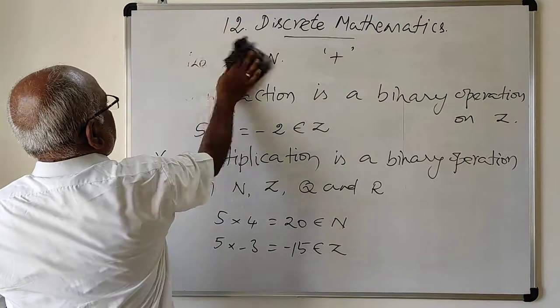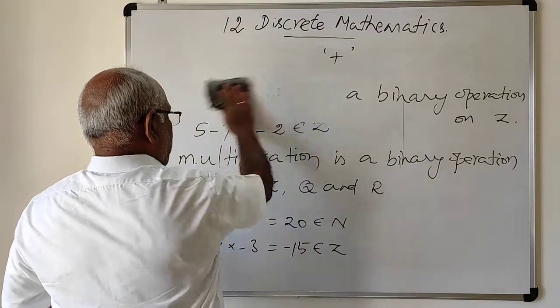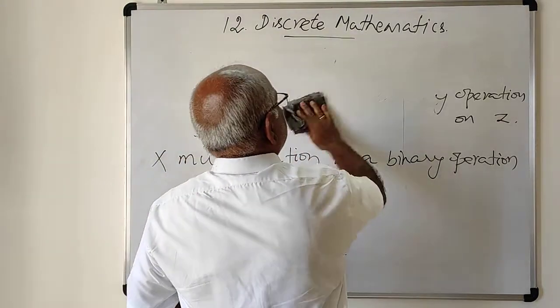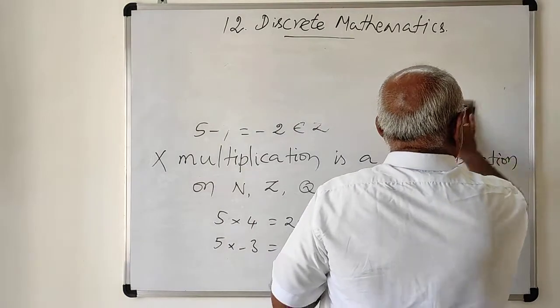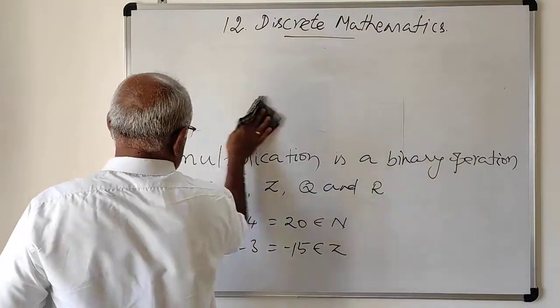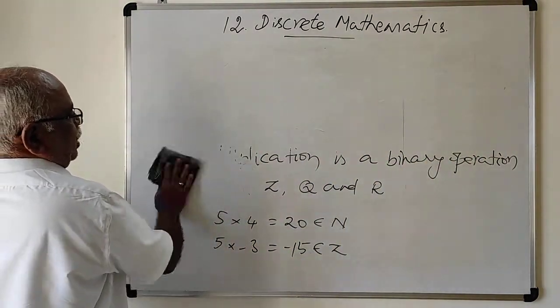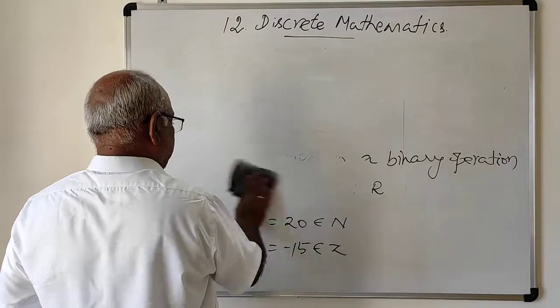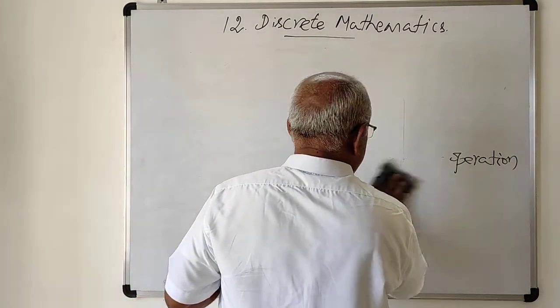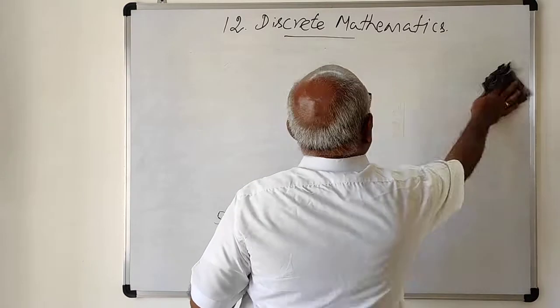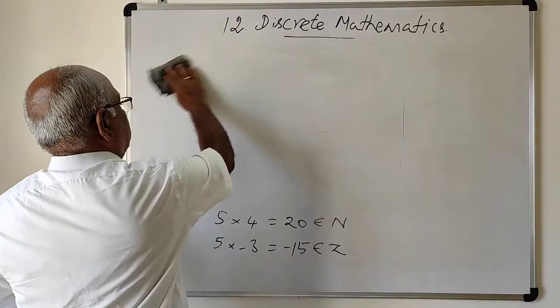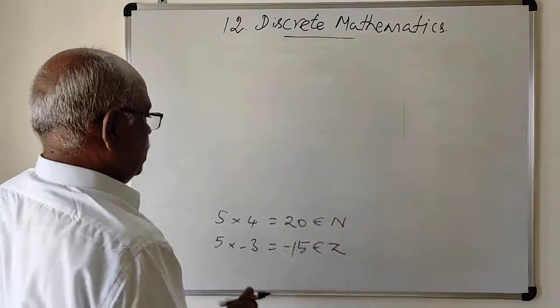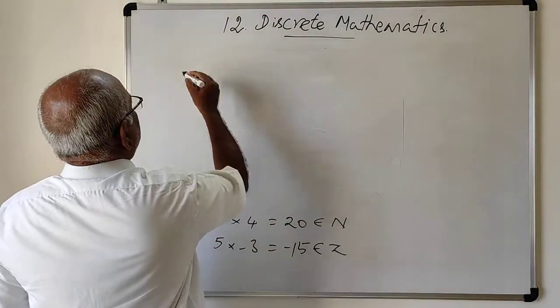You see, whether an operation is binary or not depends upon the elements of the given set. According to the elements of the given set only, the operation is either binary or not, as we have defined. That is the case with the division operation.